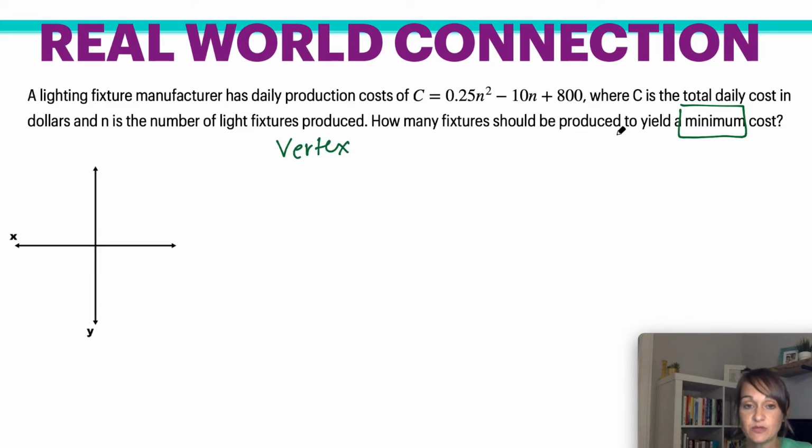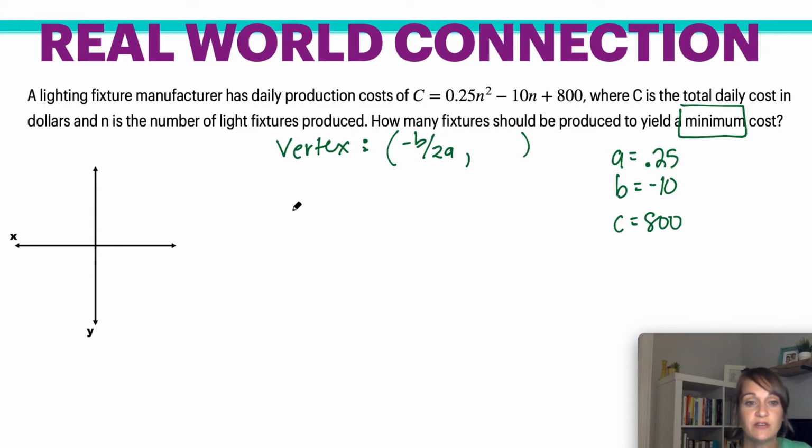Again, in the past we talked about the minimum value is the lowest point on the graph, which is the vertex. So to find the vertex, we need to find -b over 2a, and then we plug that in to find the y value. So we know that a is 0.25, b is -10, and c is 800.